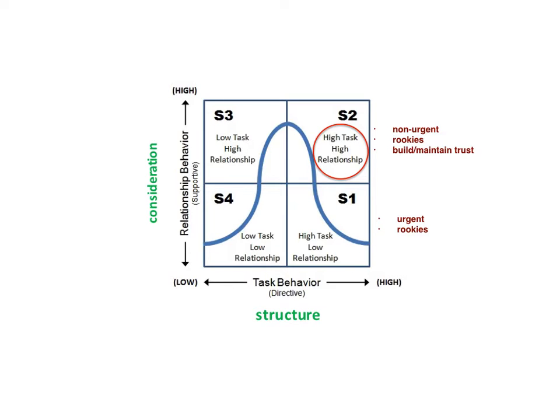In S3 situations, a low structure and high consideration leadership style is called for. Can you think of a situation in which building relationships is more important than giving direction? Again, these are situations where there isn't a high sense of urgency. The team members are not rookies, but they're experienced, knowledgeable people who know what they're doing.